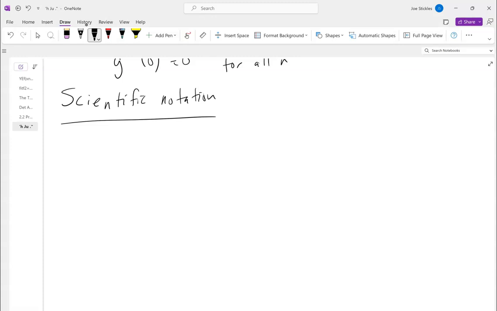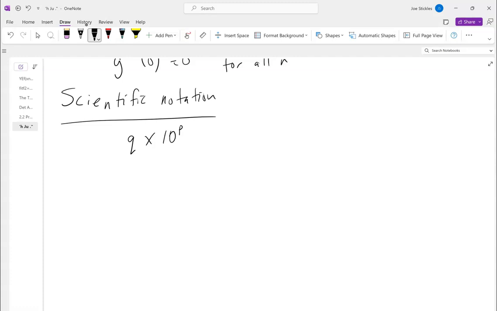Generally speaking, when you have something in scientific notation, you've got some part, I'll call it Q, and then 10 to some power, I'll call it P. What has to be true about the Q when we write something in scientific notation?